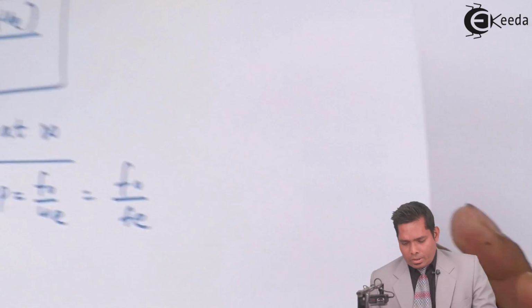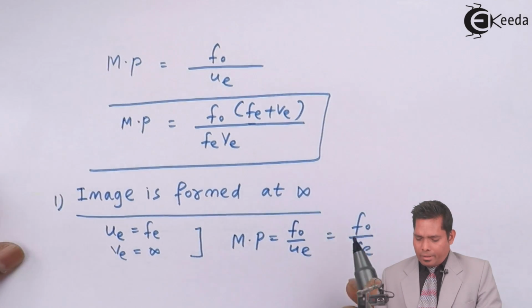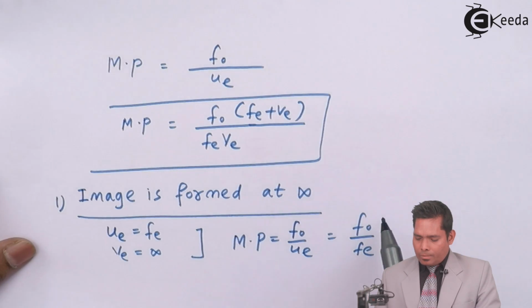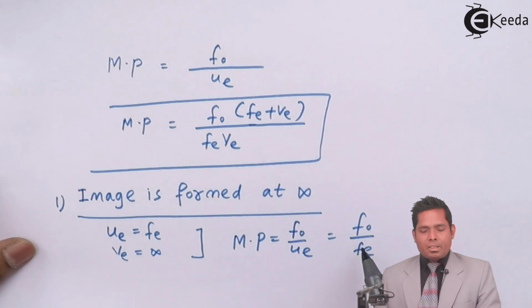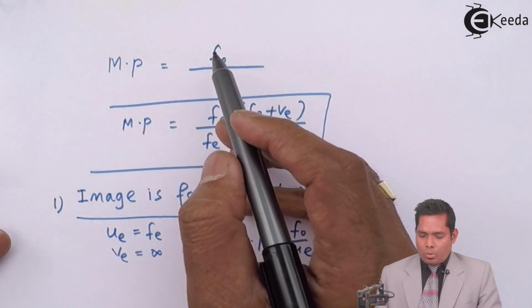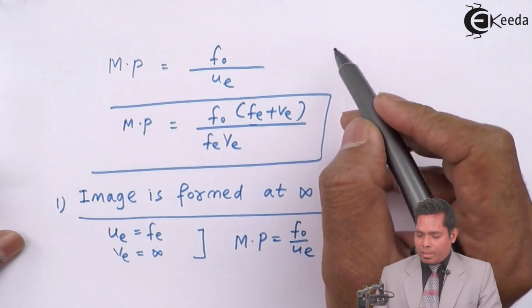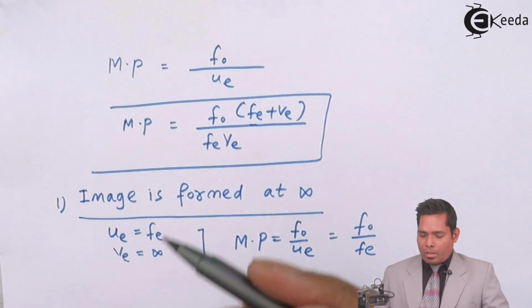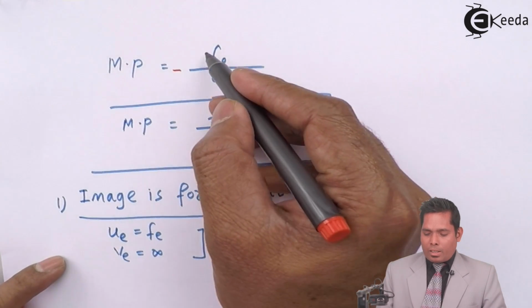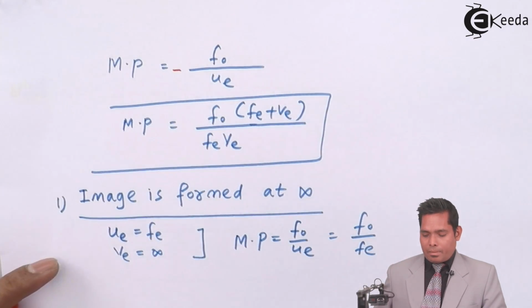So this is the formula, and with proper sign convention we will come to the conclusion that this will become negative, because focal length is positive and this is negative, so finally this will become negative.